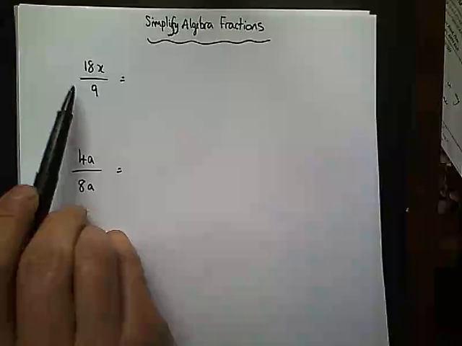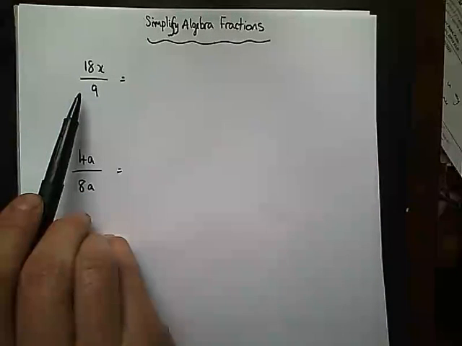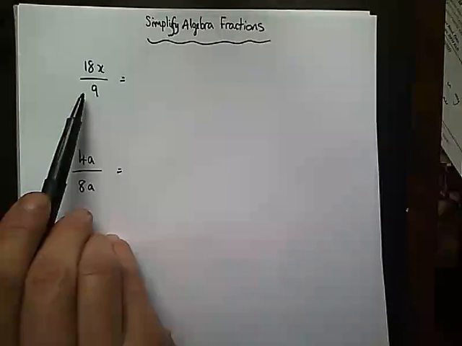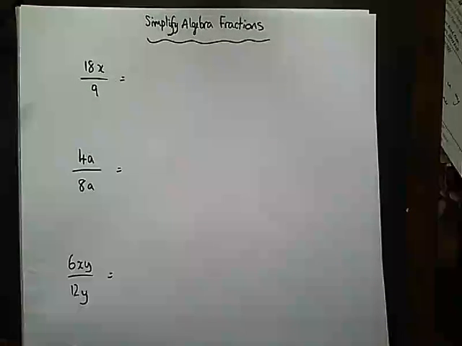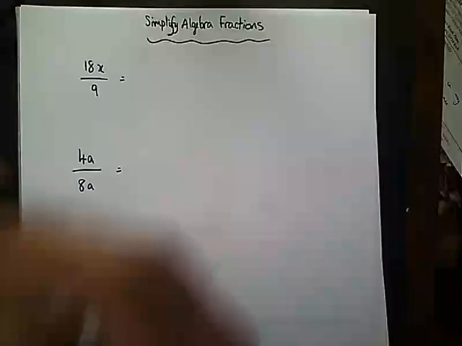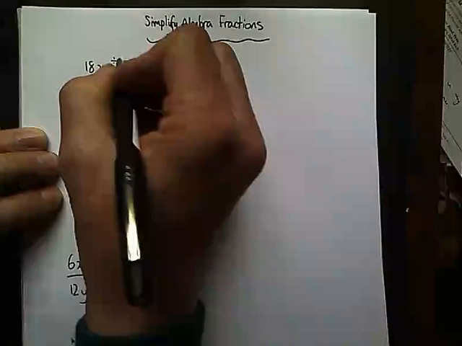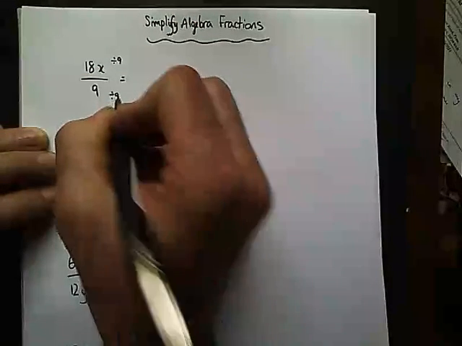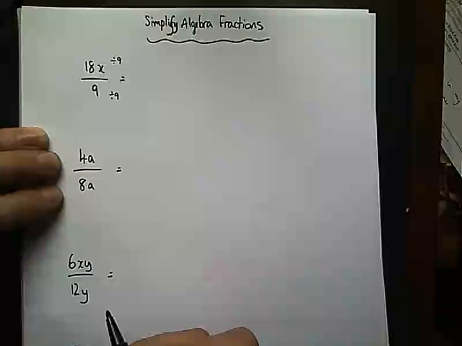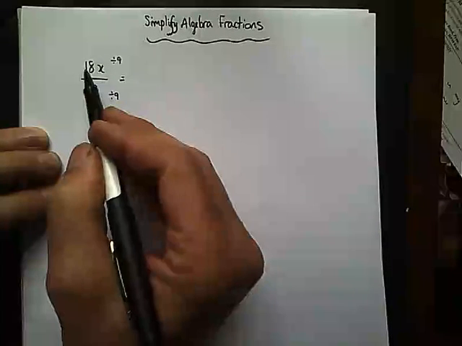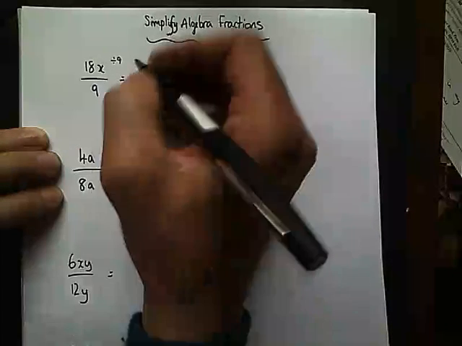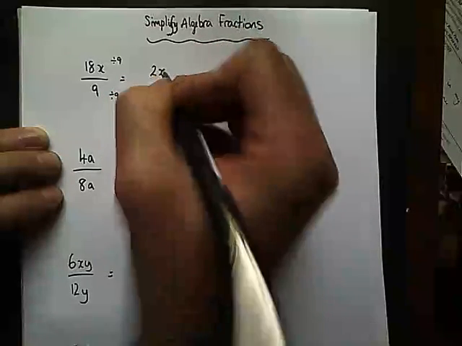Now, we've got 18 and 9. Now, 18 is in the 9 times table, and 9 is in the 9 times table. So why don't we divide the top by 9 and divide the bottom by 9? How many 9s can I get into 18? Well, that's 2. So I'm left with 2x on the top.